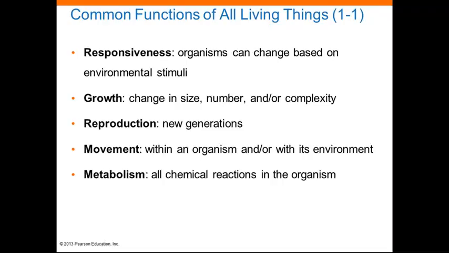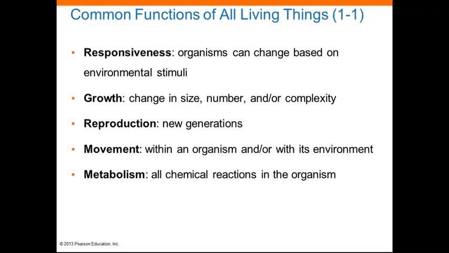So even a plant, which is rooted into the ground, still has the capacity to move carbon dioxide into the cell and oxygen out of the cell. So that counts as movement. And last, metabolism. The sum total of all the chemical reactions in an organism is metabolism, and I told you about that in Chapter 2.